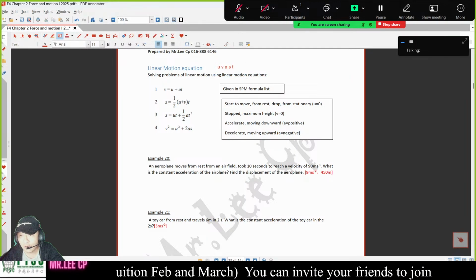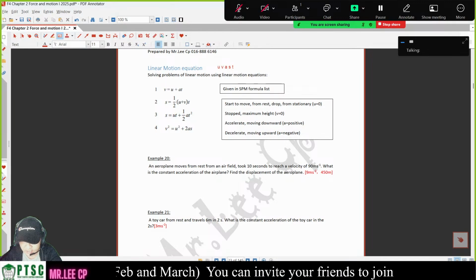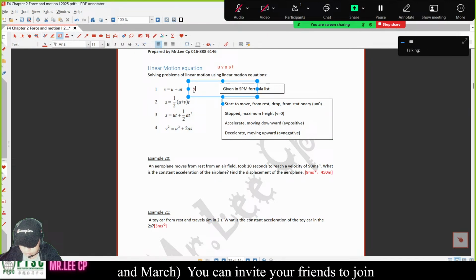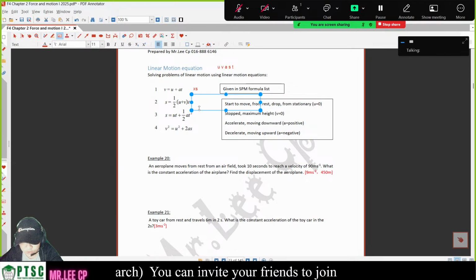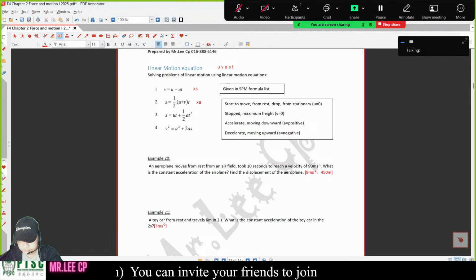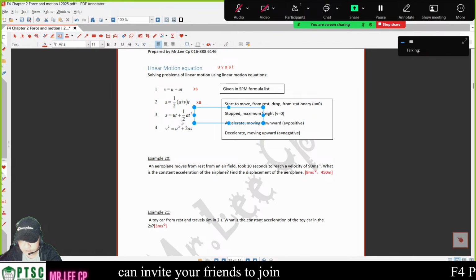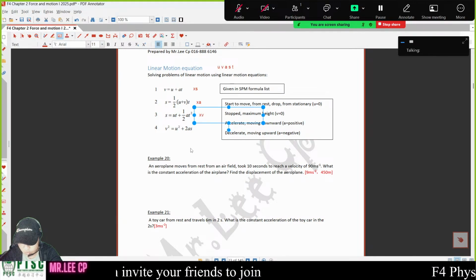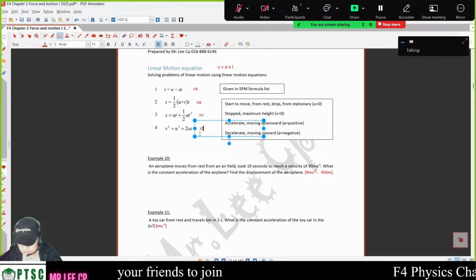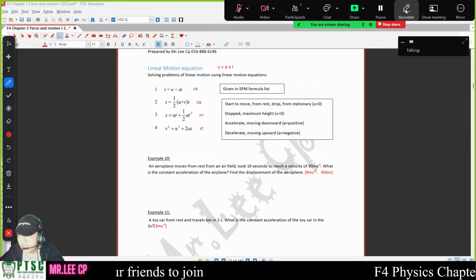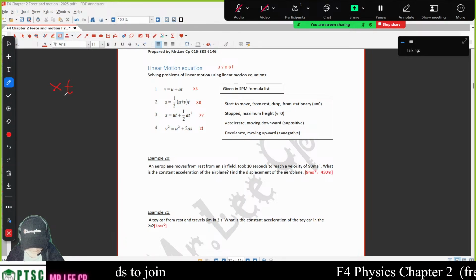For example, the first formula is without S, no S. The second formula is without A, no A. The third formula is without V, no V. The last formula is without T, no T. So if I don't have it, I am going to use it. Cross T means no T.